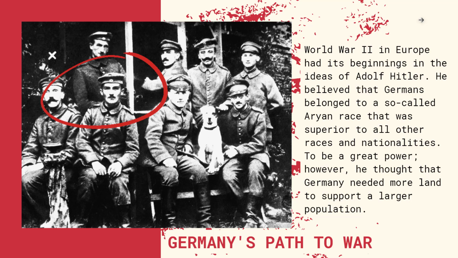And in order to become this great power that he envisioned, Germany would need more land to support such a large population. That was his goal and his drive, and that led up to the factors that started World War II.